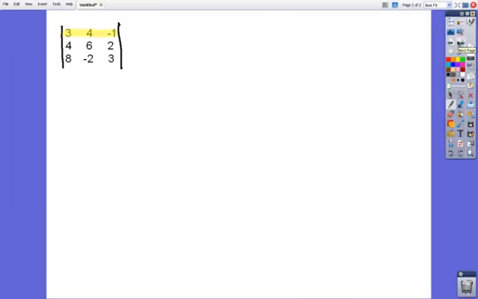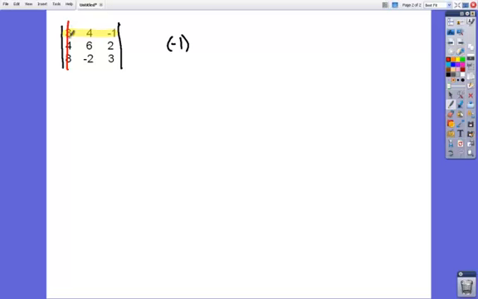If we wanted to find the determinant of this 3 by 3 matrix, we would have to do this in 3 parts. The first part is going to be the cofactor of -1, and we're going to expand on this row right here. So the first thing we want to do is find the cofactor, and we want to work with this column missing.